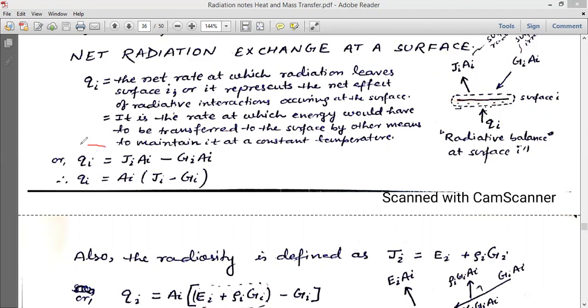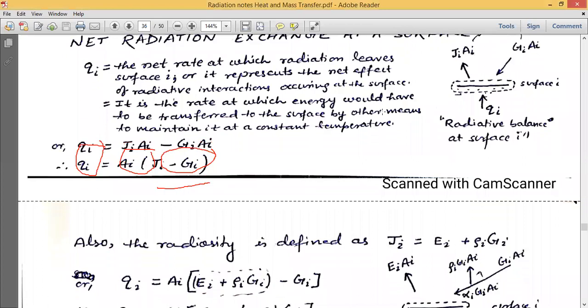So Qi will become Ai times Ji, that is leaving, minus Gi, what is coming through irradiation. So Qi will become Ai, अगर हम कॉमन ले लेते हैं तो, (Ji minus Gi).